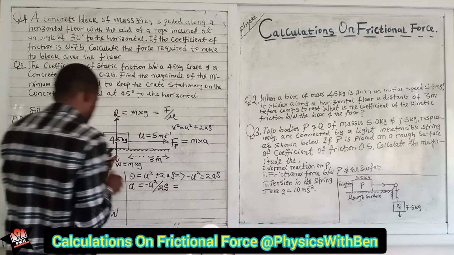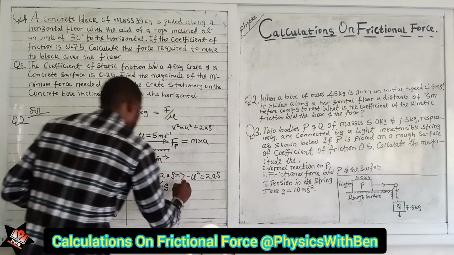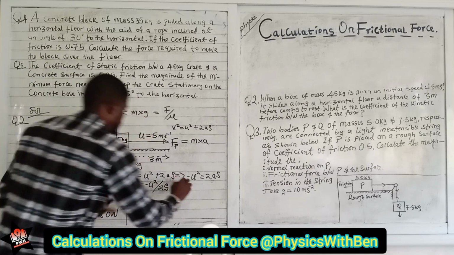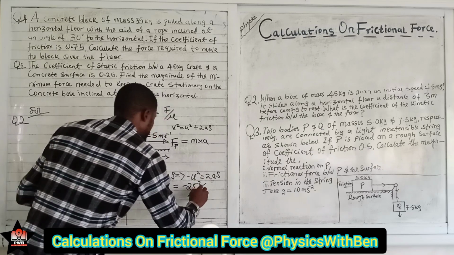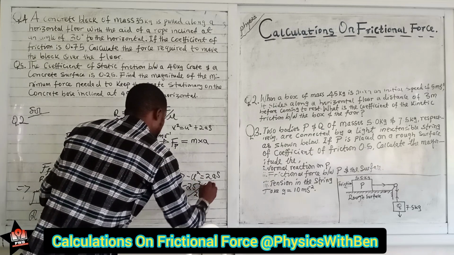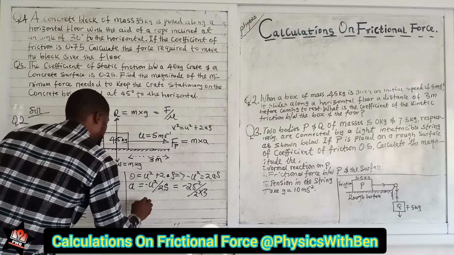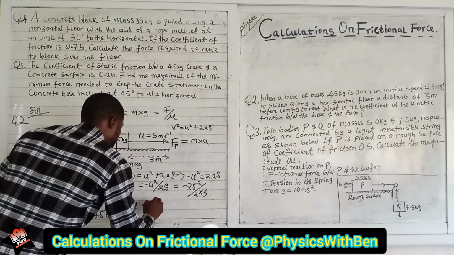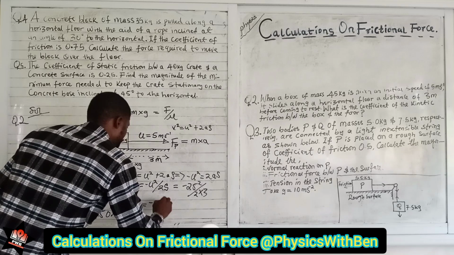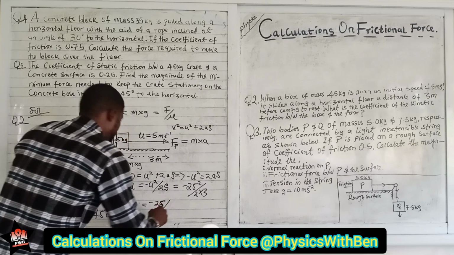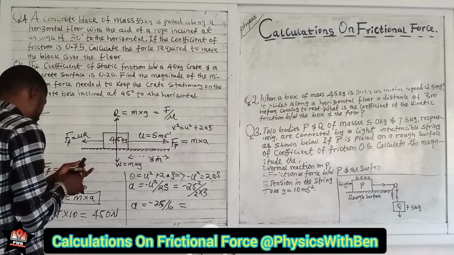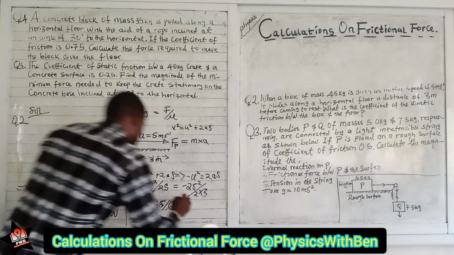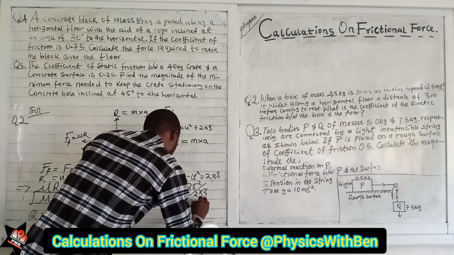And if you do that correctly, we have 5 squared is 25, minus 25 divided by 2 times 3. And so our a will be equal to minus 25 divided by 6.